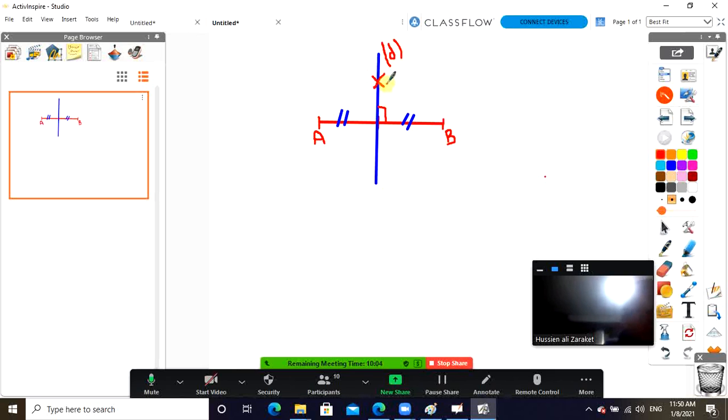Now they are asking, prove that MA equals MB. Can you prove it? What can we say? Every point on the perpendicular bisector is equidistant. MA equals MB.